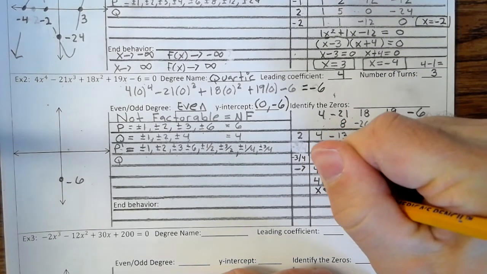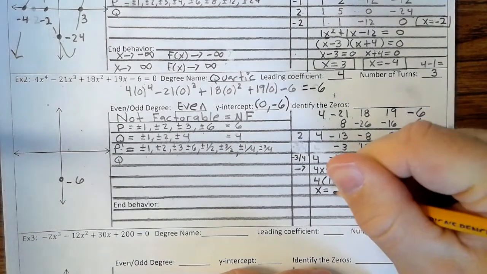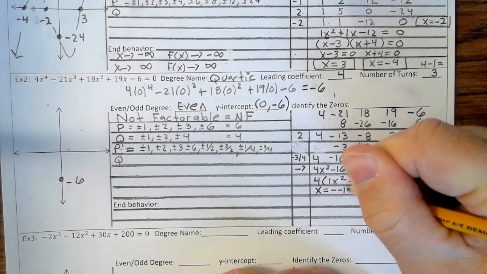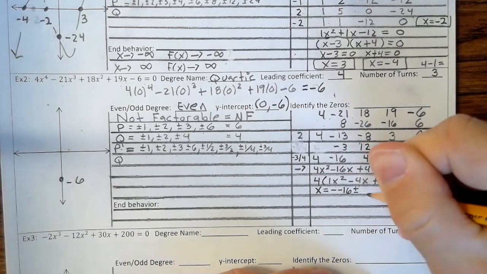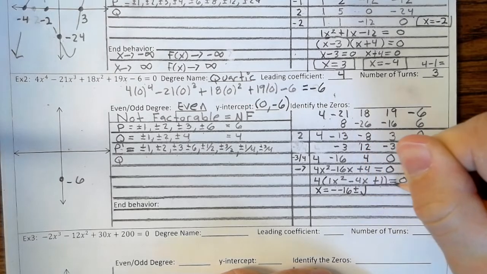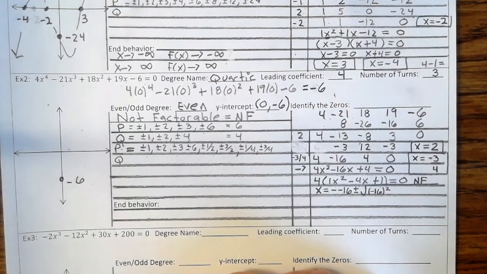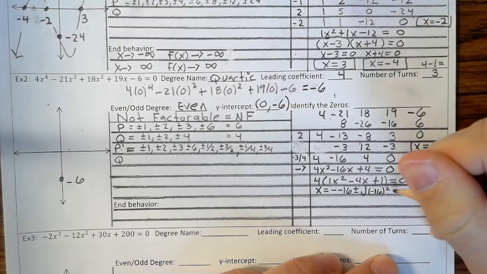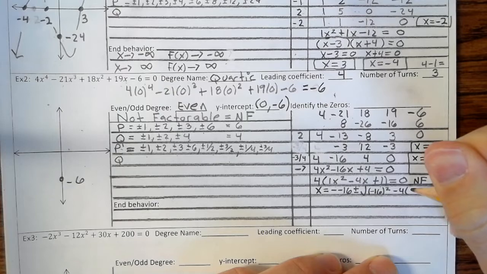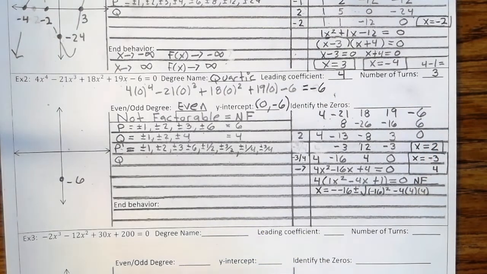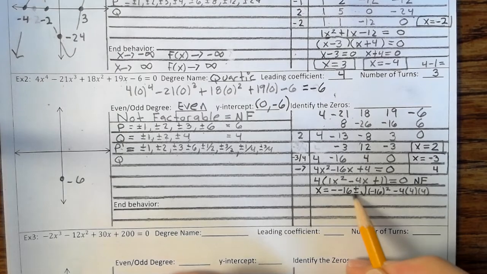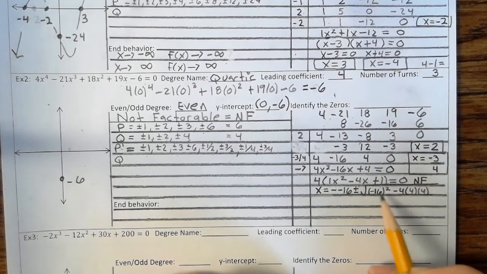So x equals negative negative 4, plus or minus the square root of negative 4 squared minus 4 times 1 times 1, divided by 2 times 1.